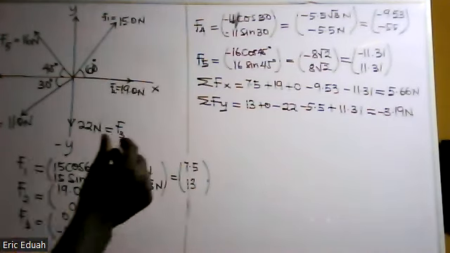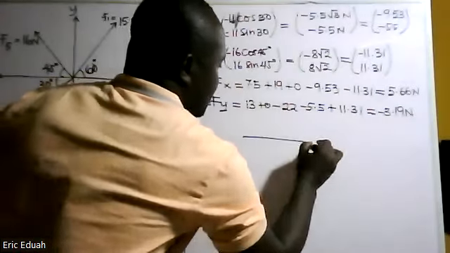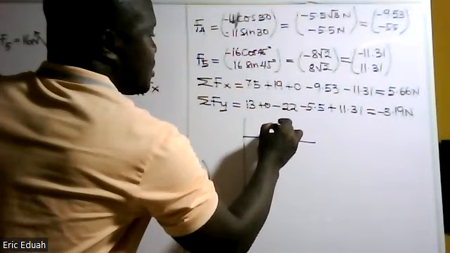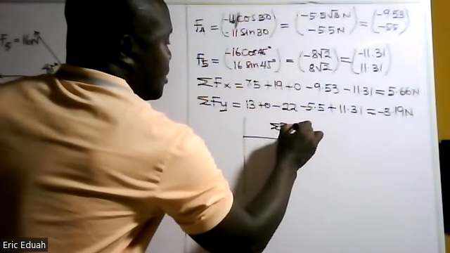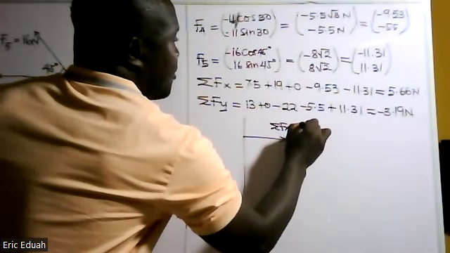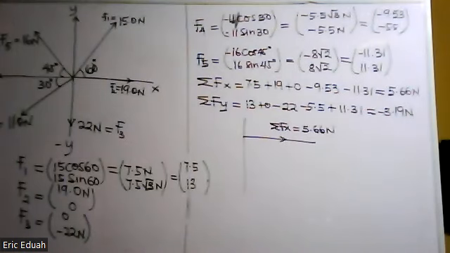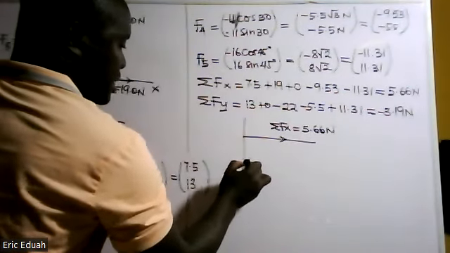Our x is positive, meaning it will be along this. So we have summation f of x, which is 5.66 Newton. Our y is negative, meaning it will be along this.